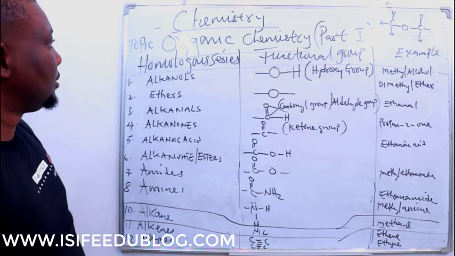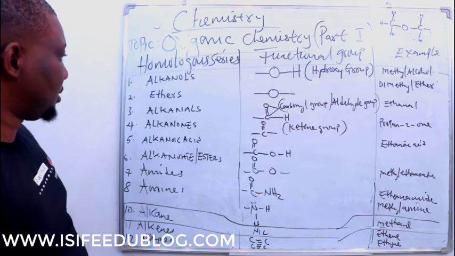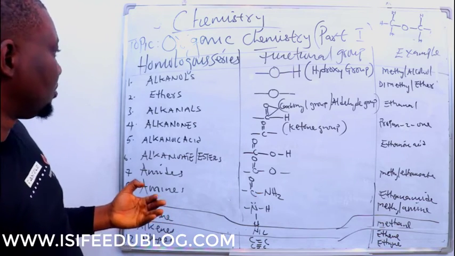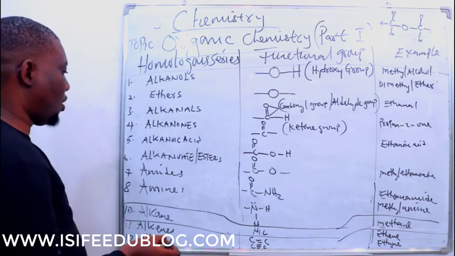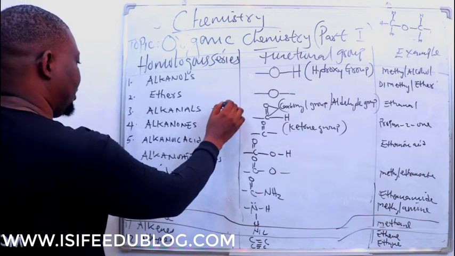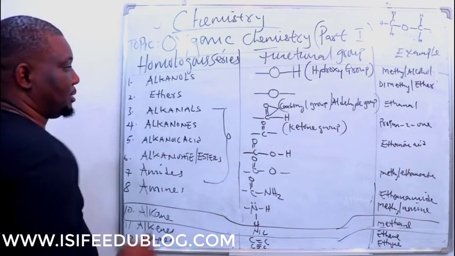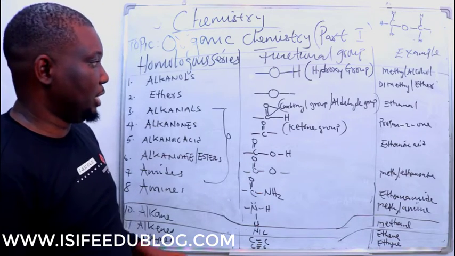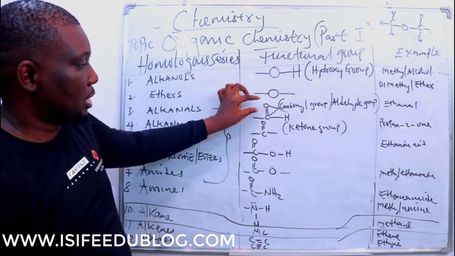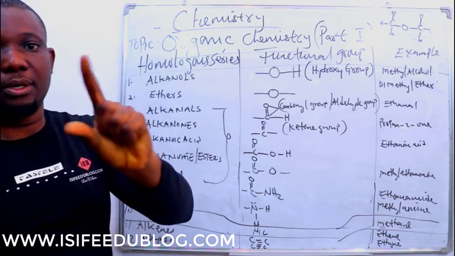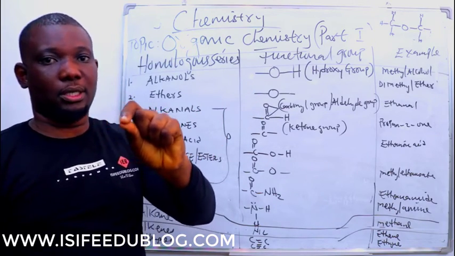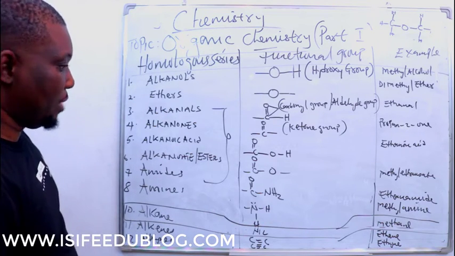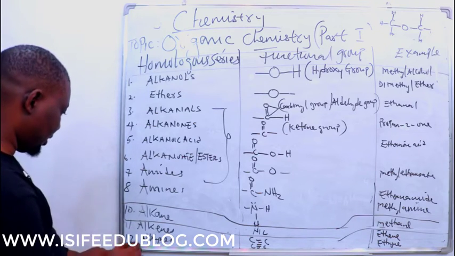This is on the functional group. So these are the families, and look at their functional groups. Now listen, the carbonyl groups are from alkanals down to amides. What is a carbonyl group? A carbonyl group simply means a carbon-oxygen bond via a double bond. There's one important family here I didn't put, which is alkyl halides, maybe number 13.